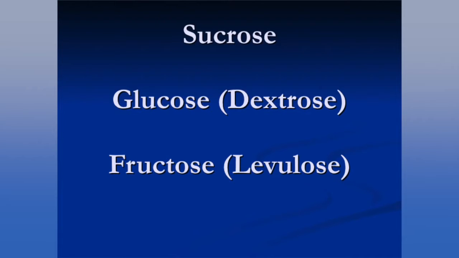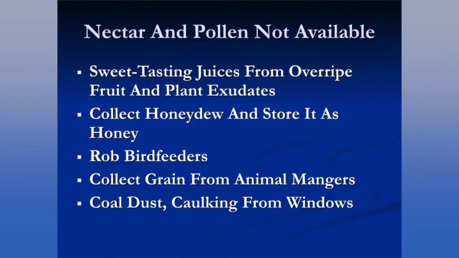Sugars are an important part of the bee's diet. We've got sucrose, glucose, and fructose. When nectar and pollen are not available, when weather permits, the bees will go out and collect other things that probably are not nutritionally of any value to the bees, but they just have that hoarding instinct, that foraging instinct.